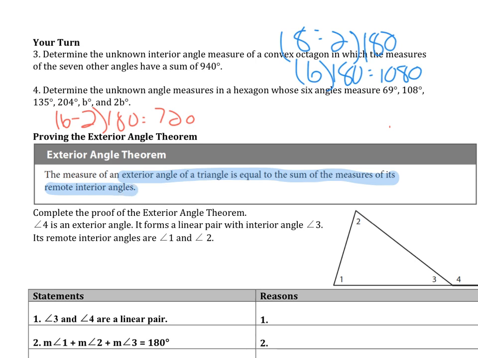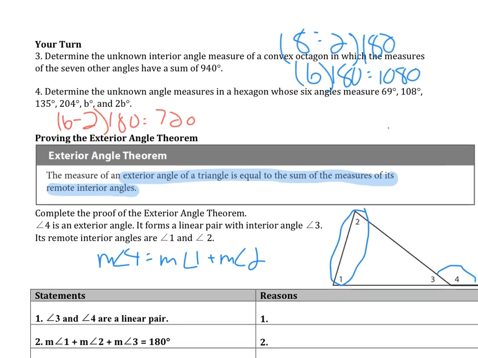So essentially what that is stating is that this exterior angle here, angle 4, the measure of angle 4 is equal to the measure of angle 1 plus the measure of angle 2. So the two angles that are not attached to angle 4, those are going to be equal to angle 4. So my two opposite interior angles are equal to the exterior angle.